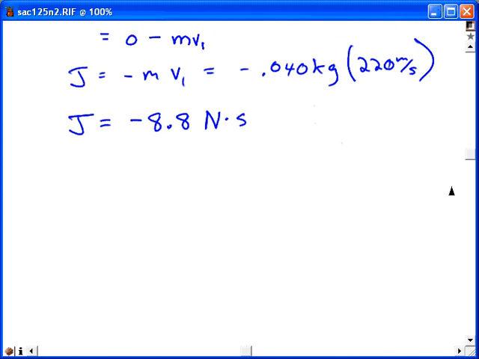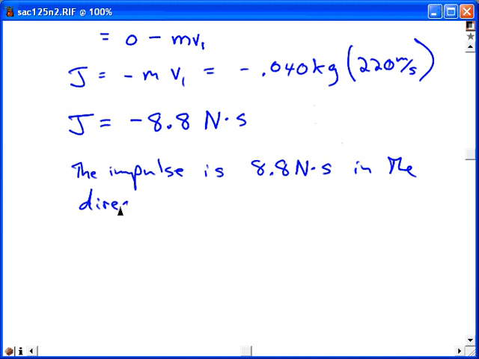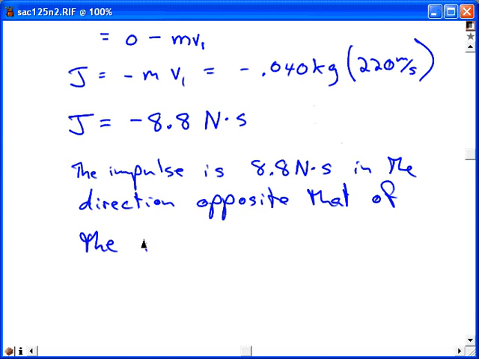We'll interpret the minus sign there. The impulse, for the reader, is 8.8 Newton seconds in the direction opposite that of the initial, or pre-collision, velocity of the bullet.